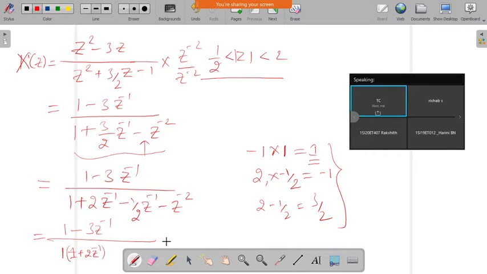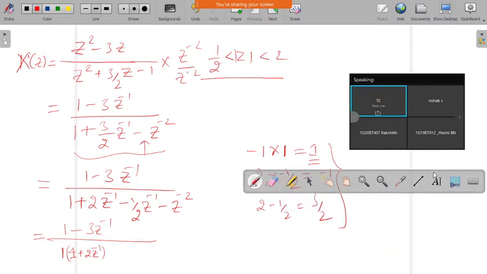And then here you can take the common minus 1 by 2. If I take minus 1 by 2, then z inverse minus 2 z inverse gives plus 2 z inverse. So I'll take half minus z inverse, so that you get 1 plus 2 z inverse.